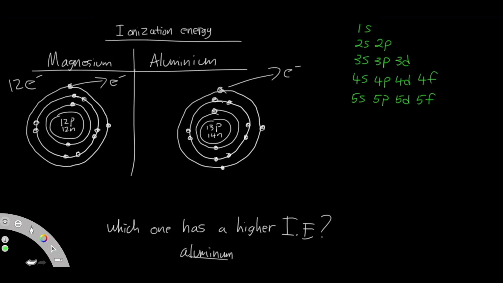And then after that, you're going to have to put a 6s up here, and then a 6p, and then a 6d. And then after that, you're going to have to put a 7s below that, then a 7p.